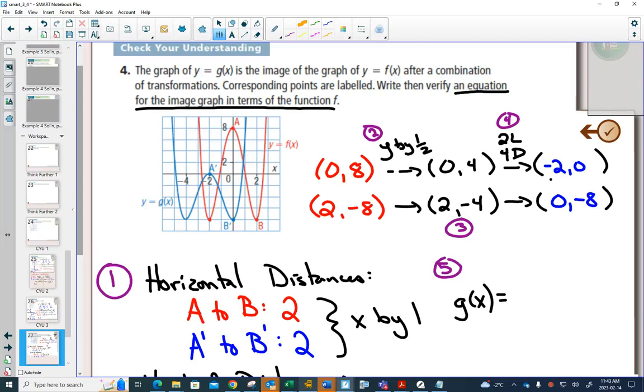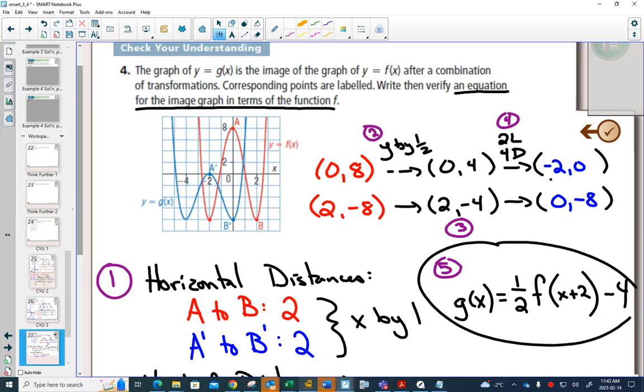And then from above our arrows, how would I write that y has to be multiplied by 1/2? I'd write 1/2 in front of the function. How would I write 2 to the left? Inside the function, I would have x plus 2. How would I write 4 down? Outside the function, minus 4. So this is our equation of the image graph in terms of the function f.